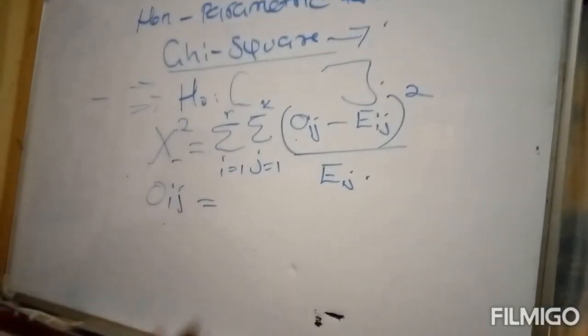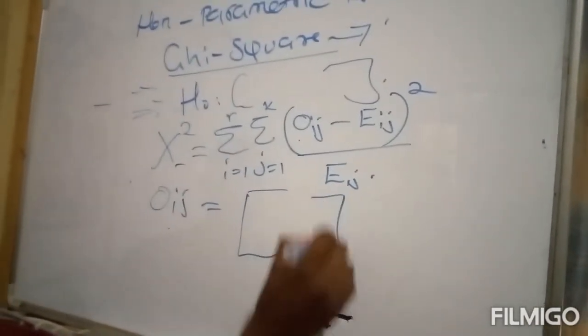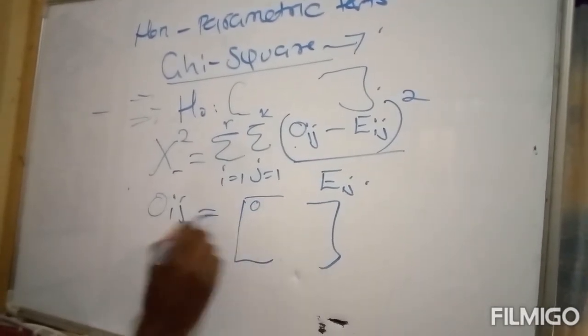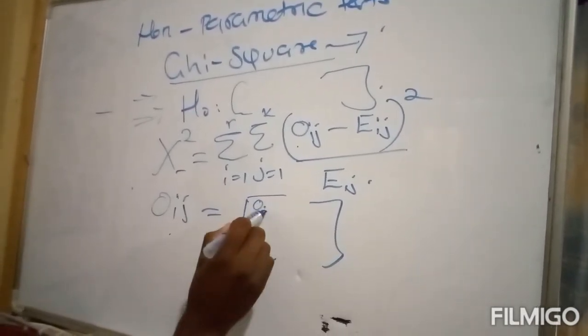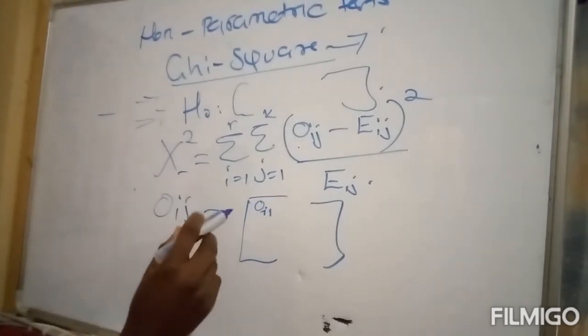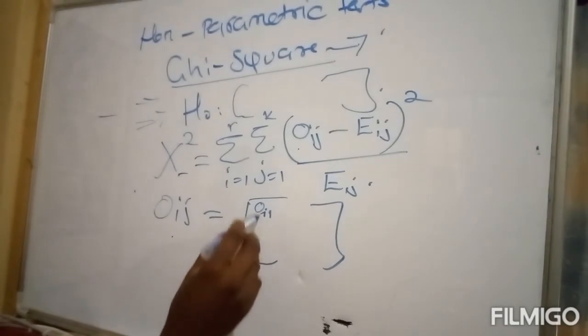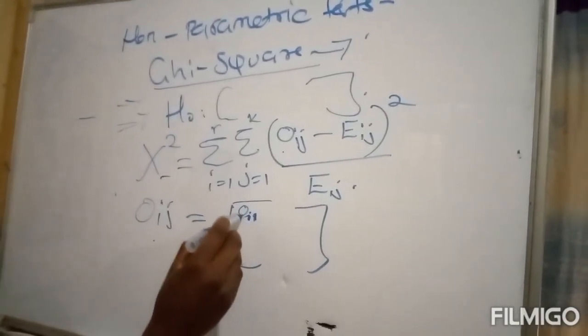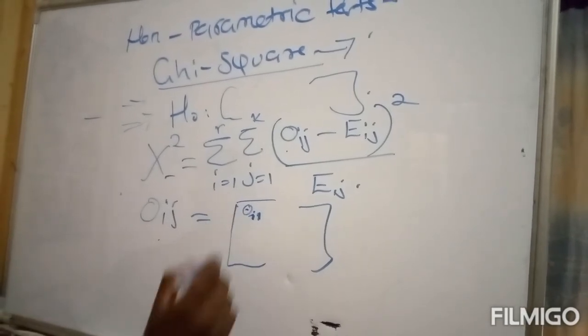When we come up with our contingency table, if this is my contingency table, then this is my first observation, the first observation in the first group.